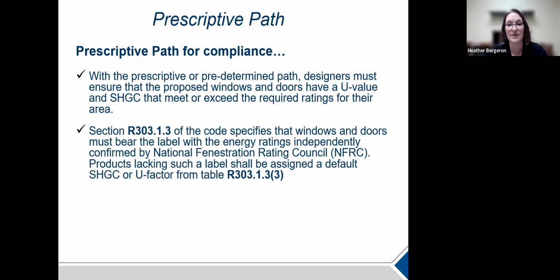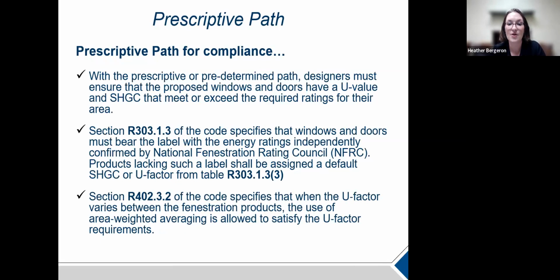Products lacking such a label shall be assigned a default value for the solar heat gain coefficient or U factor from the specific table that you can see here in the slide. The code specifies that when the U factor varies between the fenestration products, the use of area weighted averaging is allowed to satisfy the U factor requirements.